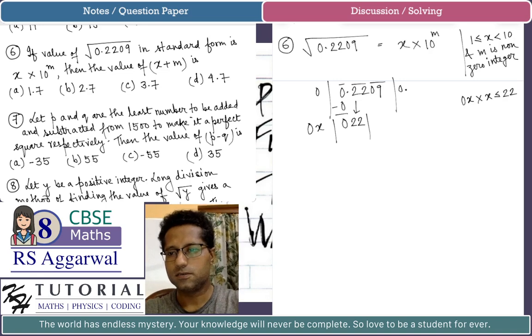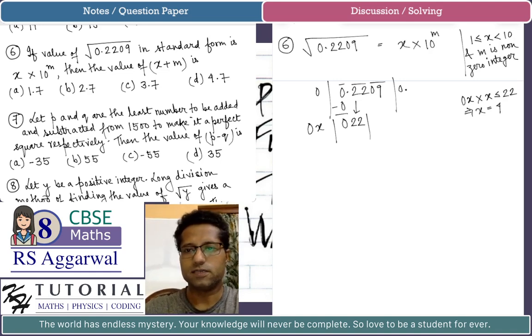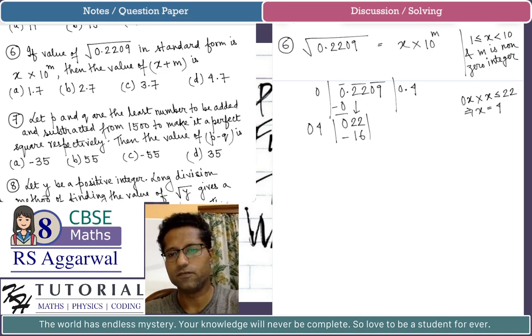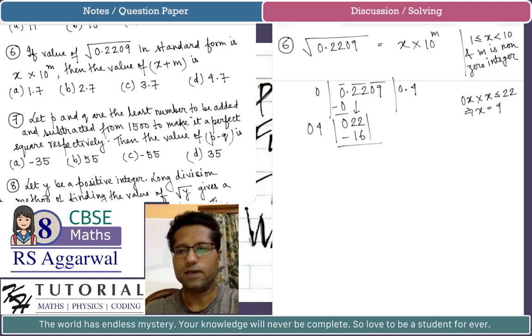It cannot be 5 because 5 into 5 is 25. So x is equal to 4. The 4 will be appended to the current quotient, and 4 multiplied by 4 is 16. We subtract 16 from the current dividend, and we have the remainder as 6.